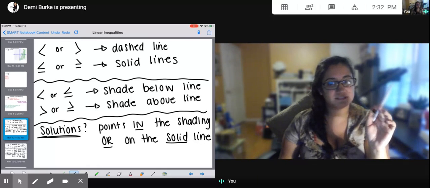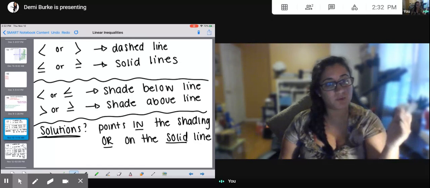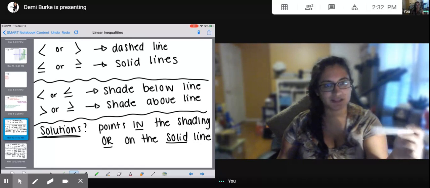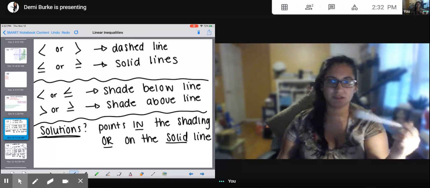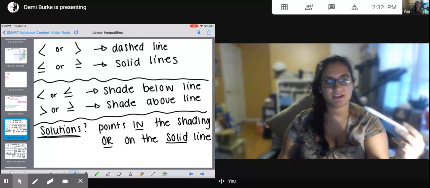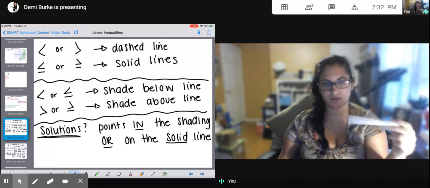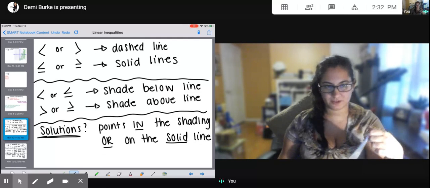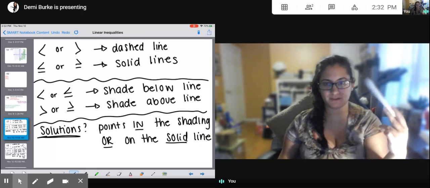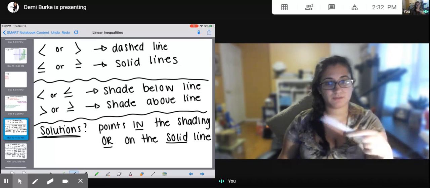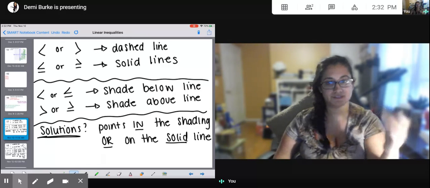The less thans of either kind get shaded below, lower, below the line. Greater than or equal to gets shaded higher, above the line. They're going to go in the bigger numbers above the line. And your solutions are any points that are in the shading or points that are on the solid line.